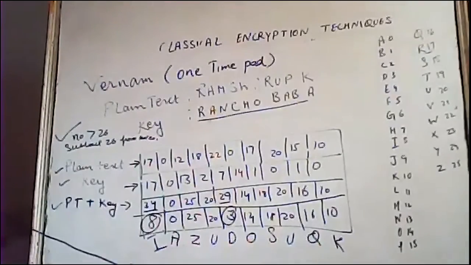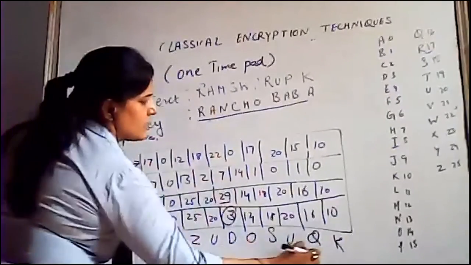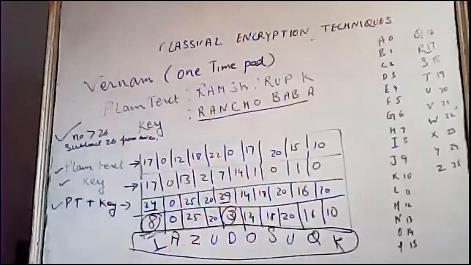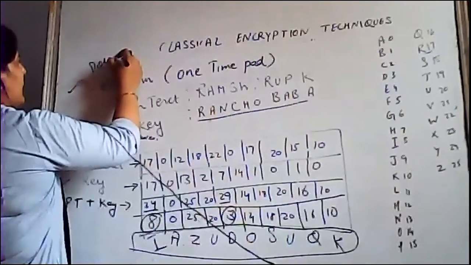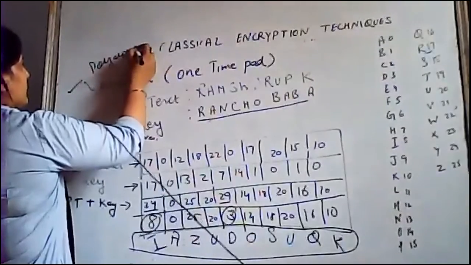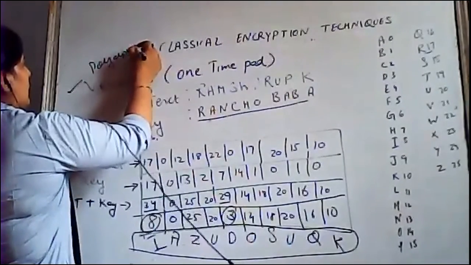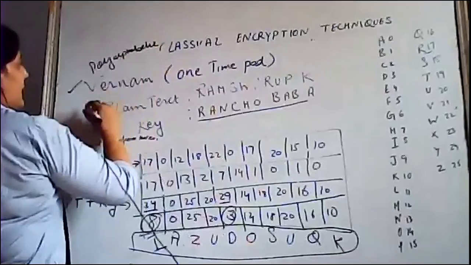Clear? So this is my encrypted message over here. Right? So the Vernam technique is one of the polyalphabetic techniques.